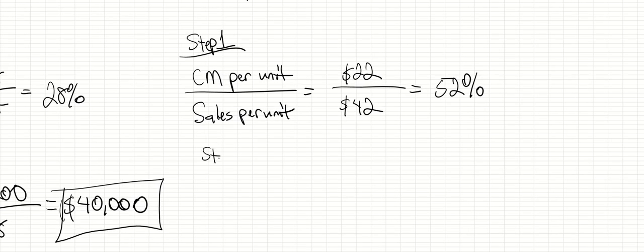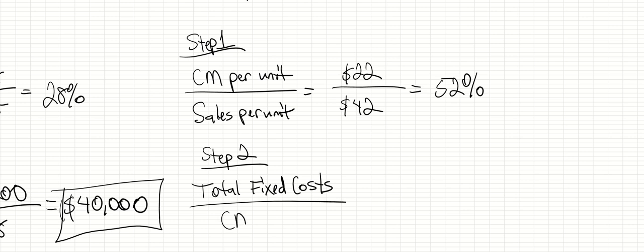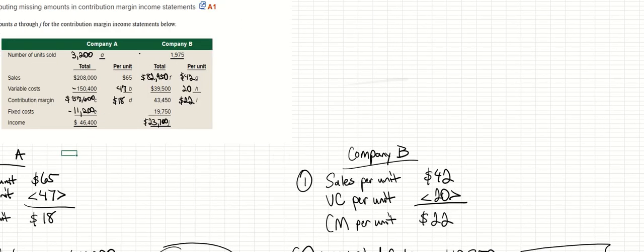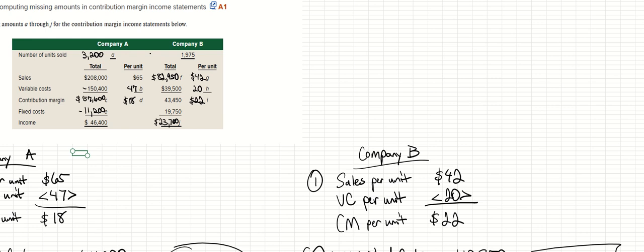Lastly, step 2, take the total fixed costs and divide it by the contribution margin ratio. So for company B, total fixed costs came out to be $19,750.